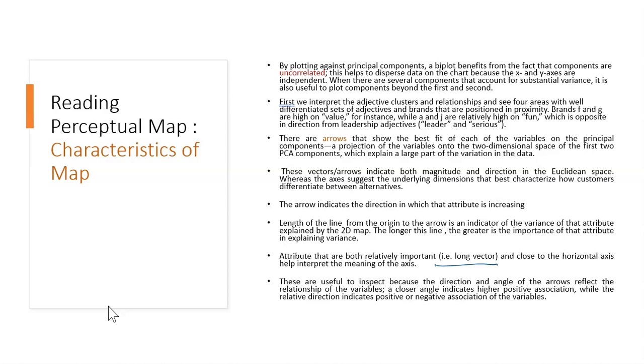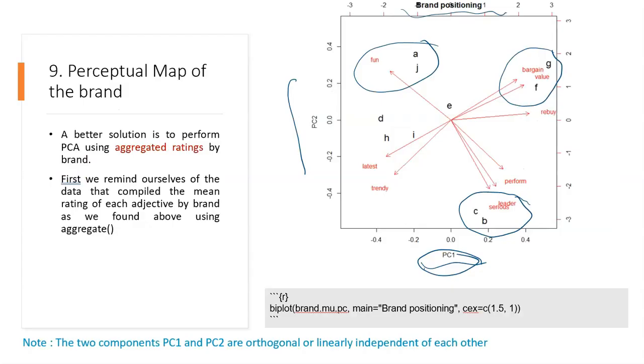And the direction of the arrow tells whether it is opposite or in the same direction. Like we saw here, these two brands are seen as fun brands, whereas C and B are seen as relatively serious and leader.